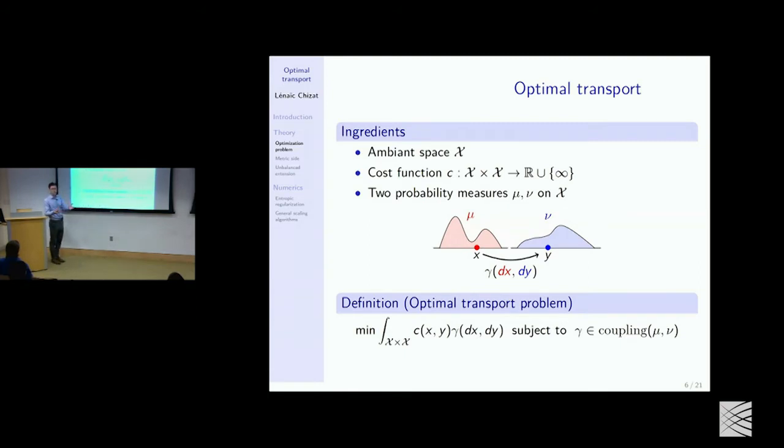Then the cost associated to this whole displacement will be computed by writing the integral over the whole set of pairs of points in my space of the cost of associating this pair of points, times the amount of mass that I will transport between these two points. So this is this integral.